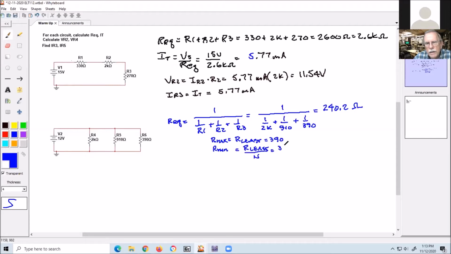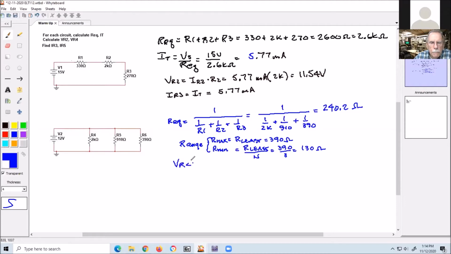So I got 390 over 3, or 130 ohms. So we know the range for our calculation has to be somewhere between 130 and 390, and certainly 240 does indeed fall into that category.